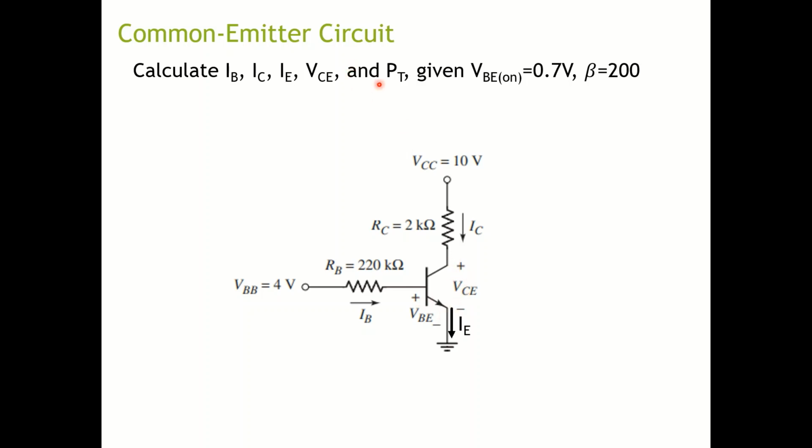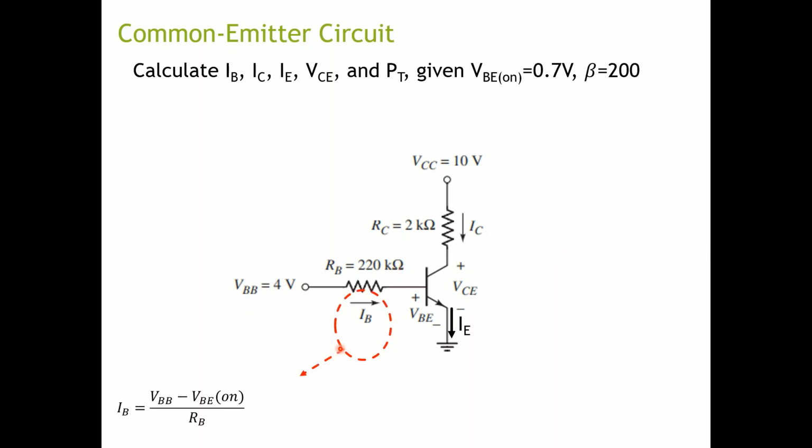And finally, calculate the dissipated power throughout the transistor. You are given some information, like the base-emitter voltage will be 0.7, and you probably will see this number a lot in the future. And lastly, the beta factor is 200. If you need some time, pause the video for a few minutes and work the problem out by yourself, and then you can continue to play the video.